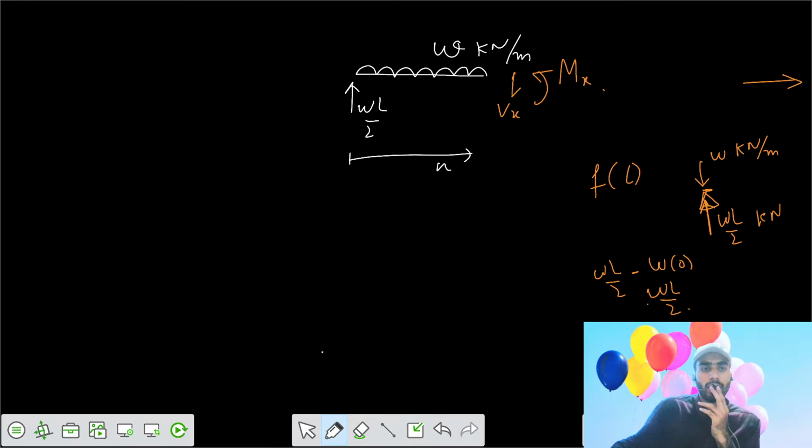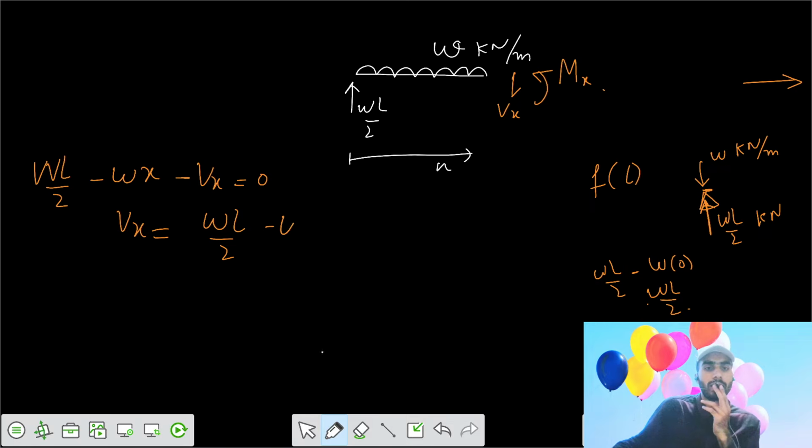Now, if you want to calculate the shear force variation, we say that WL by 2 upwards minus W into x downwards, and minus Vx downwards equals 0. So your shear force at x becomes WL by 2 minus W into x.